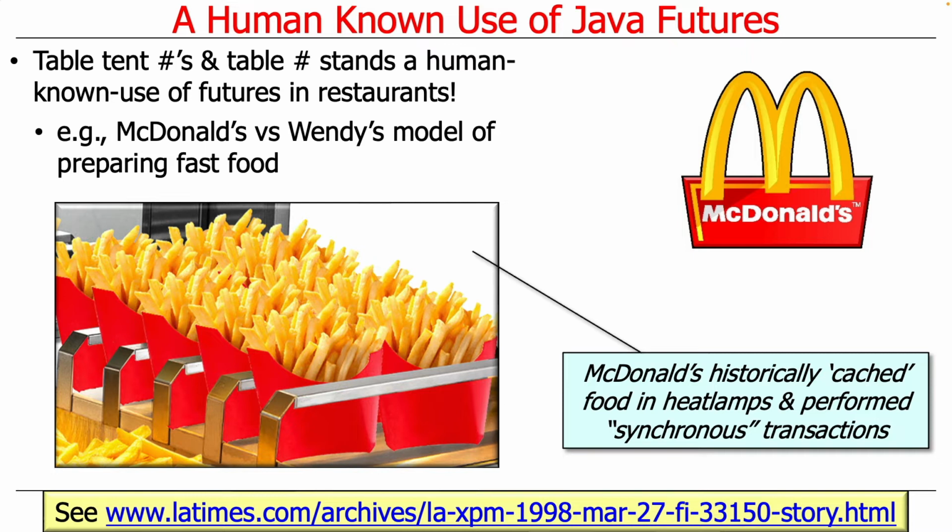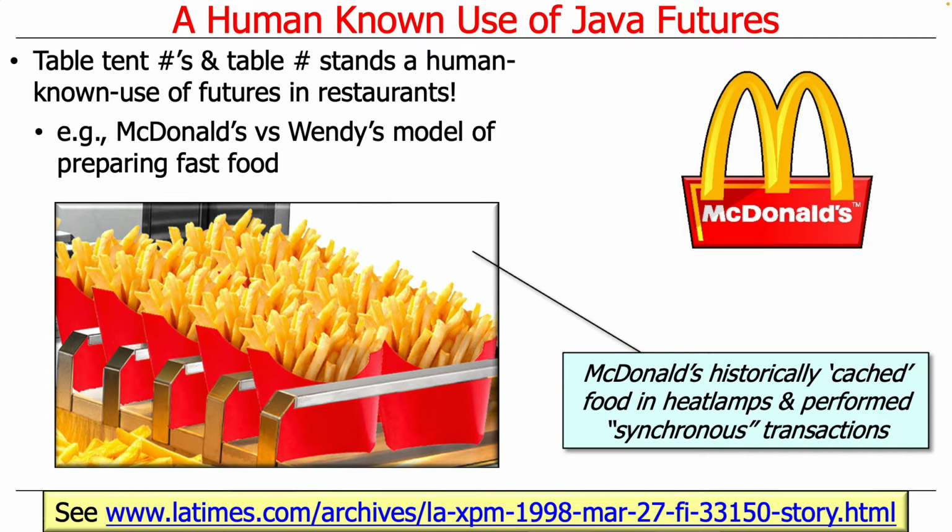If somebody came up to order a Big Mac and some fries and a Coke, that transaction took place synchronously. The person would order the meal, pay their money, and the clerk would turn around to the heat lamp, grab the Big Mac, the fries, the drink, and deliver the food right then and there. That's what's known as a synchronous transaction or a rendezvous style model.